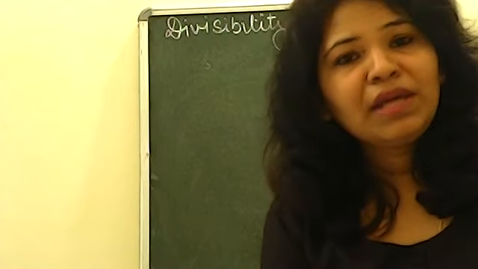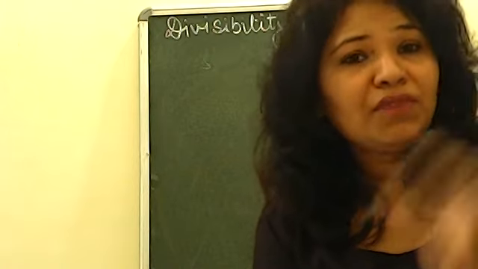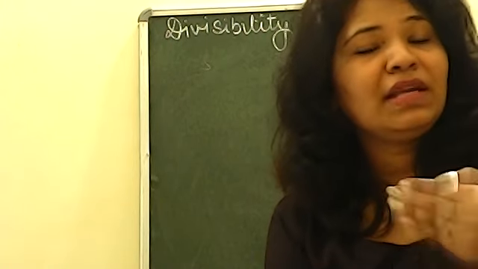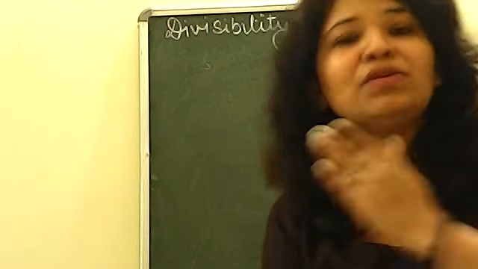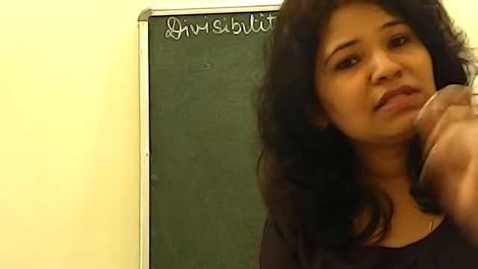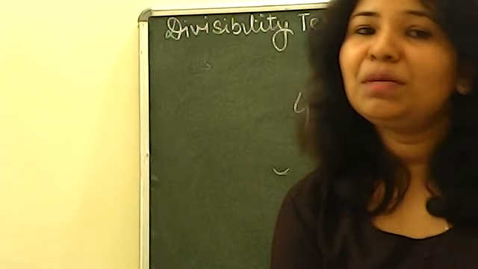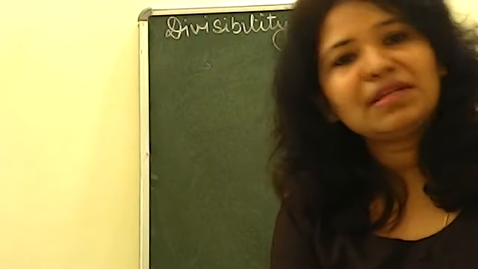Because you all know, when you talk about the table of 10, you get 10, 20, 30, 40, 50, 60 like that. It means the multiples of 10 have 0 in their unit place. So the divisibility rule of 10 is very simple.